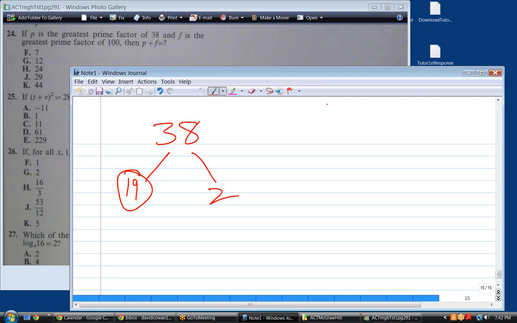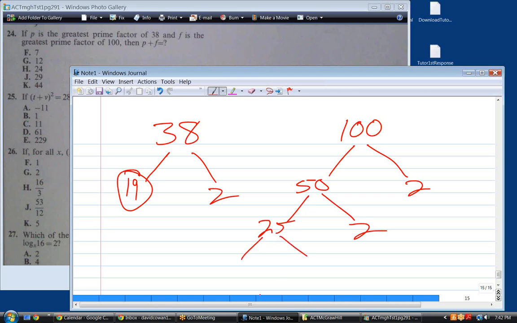Right. Now let's do the same thing with 100. Just split it in half. 50 and 2. 2 is prime, but 50 is not. So 50 can be split again. 25 and 2. 25 is not prime. 5 and 5.